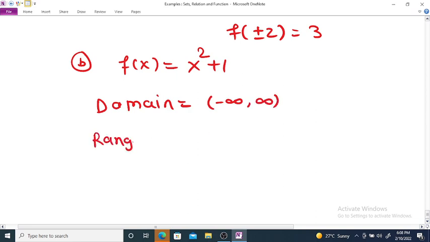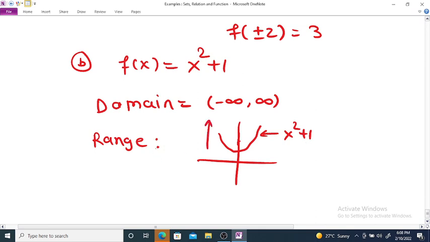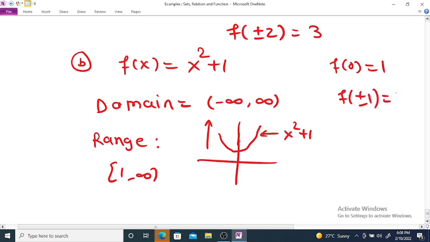If we draw its geometrical representation, this is the graph of x square plus 1. f of 0 is equal to 1, f of plus or minus 1 is equal to 2, f of plus or minus 2 is equal to 5, and so on. The y-axis is from 1 to infinity, and therefore range is 1 to infinity.